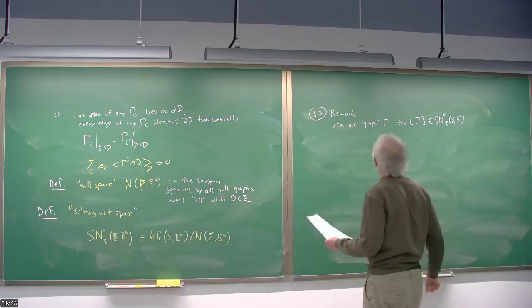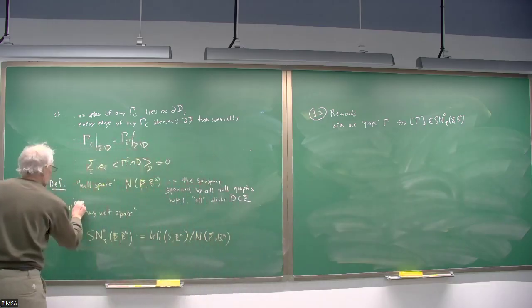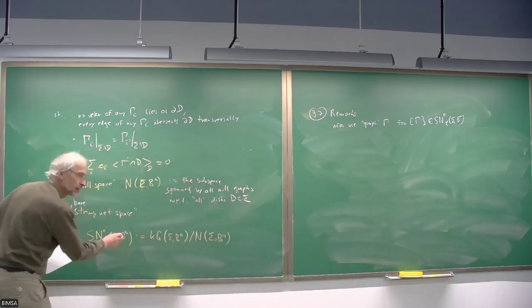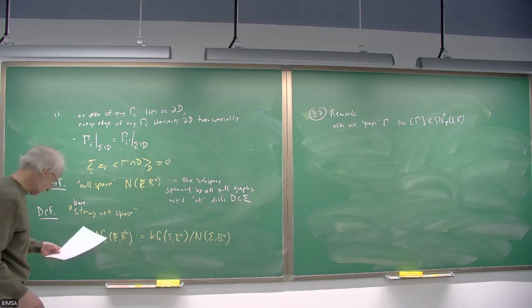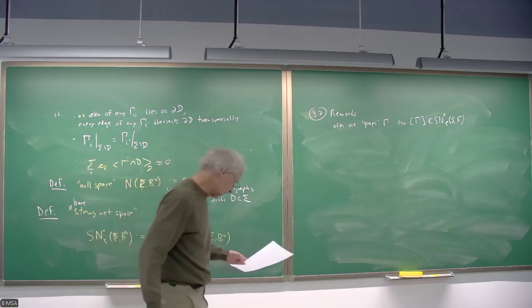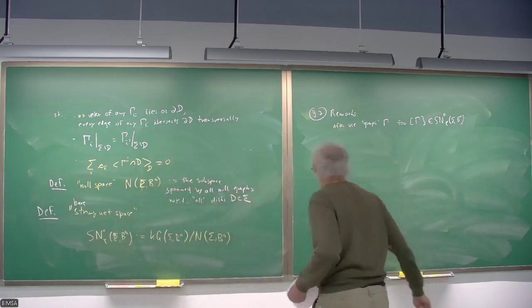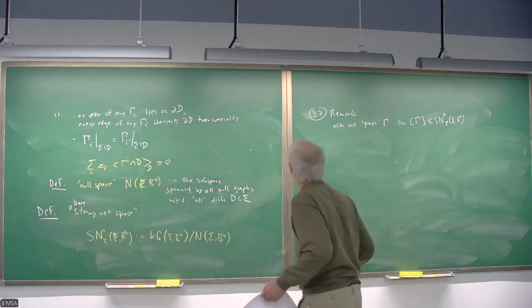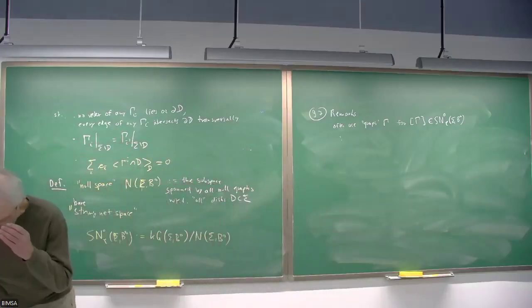And the terminology is string net space. Sometimes, in order to indicate the zero here, which I have not yet explained, we also call this the bare string net space, but it's not always used. So that is the rest of the remarks. No, there is something more.